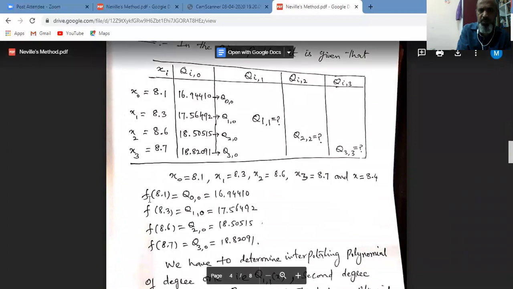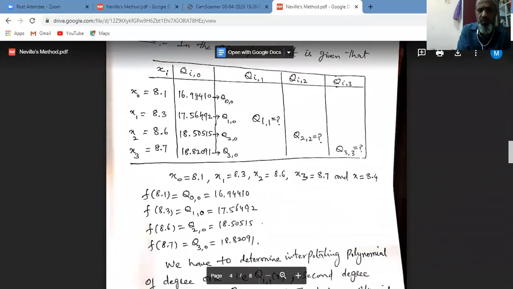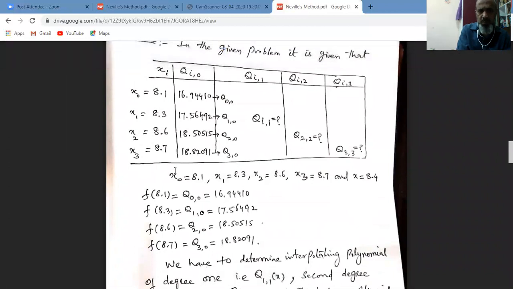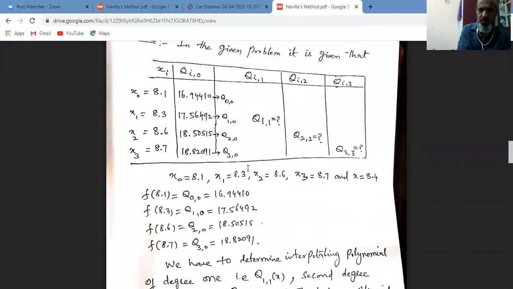So what is 8.1? This is f of x naught. It is q00. It is given 16.94410. F of x1, it is f of 8.3. Its value is given here. It is q1 comma 0. This is q2 comma 0, and this is q3 comma 0. So we have written all the values given in the table.